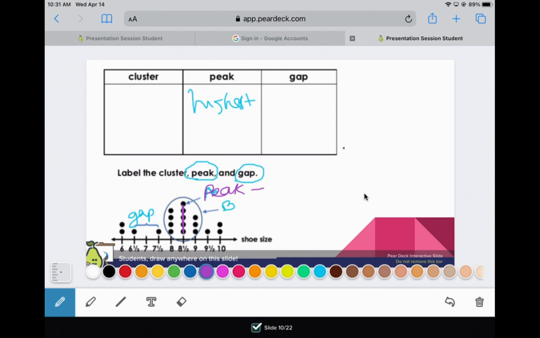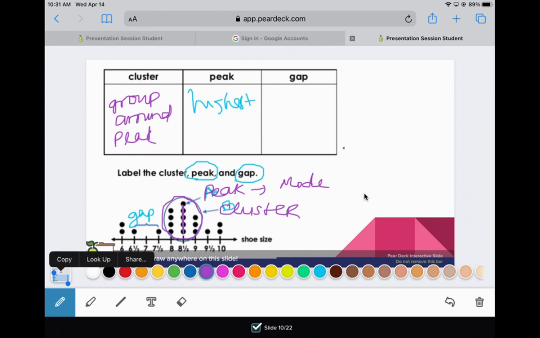So the peak, as we talked about earlier, is the most. It happened the most. That's the peak. Okay. Cluster is basically the values around the peak. So you have the peak and you have something around it. For this one, it's the group around the peak.